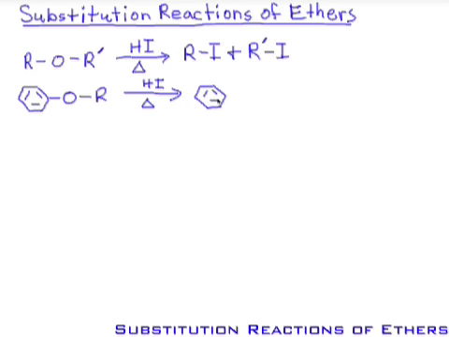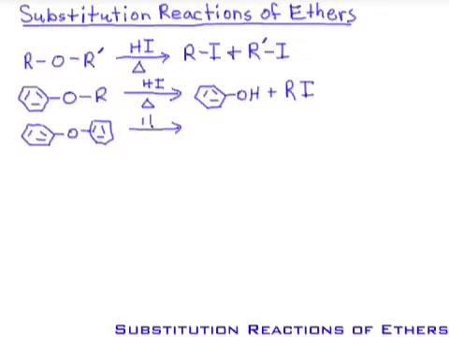The phenyl end will stay as phenol, but the R end will form your iodide. And lastly, if you use diphenyl ether with HI and heat, you get no reaction.